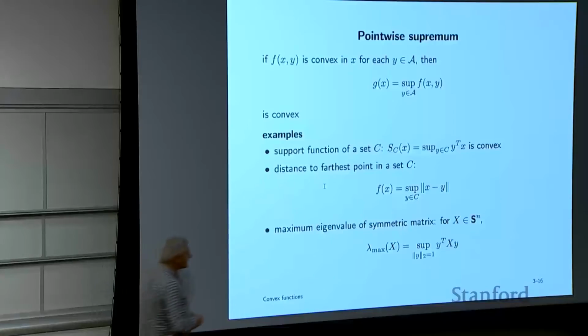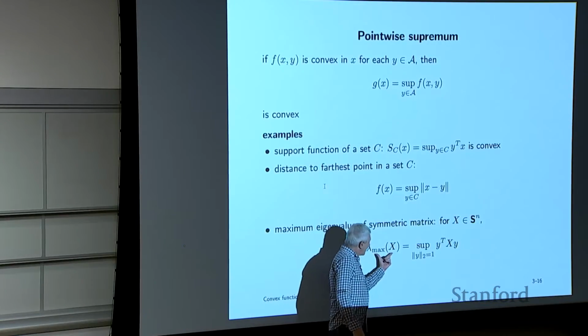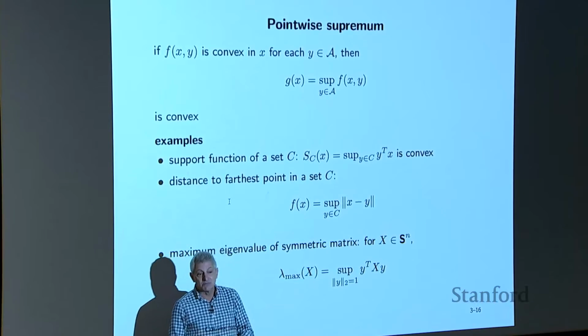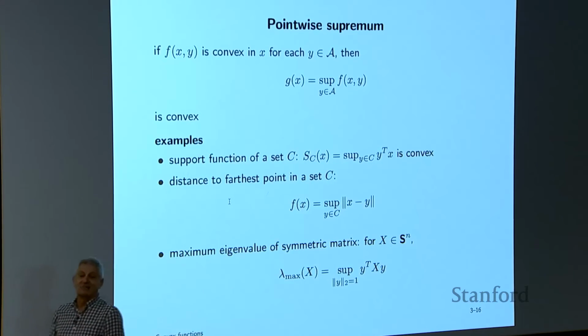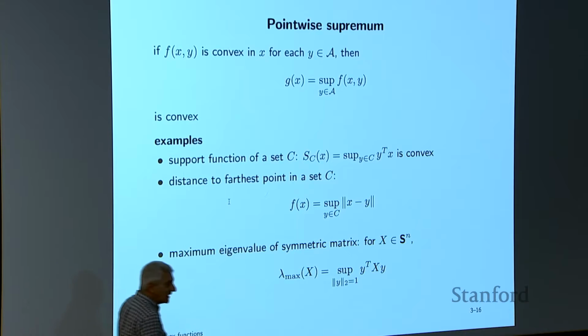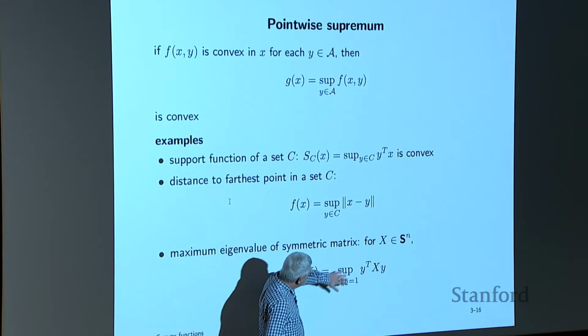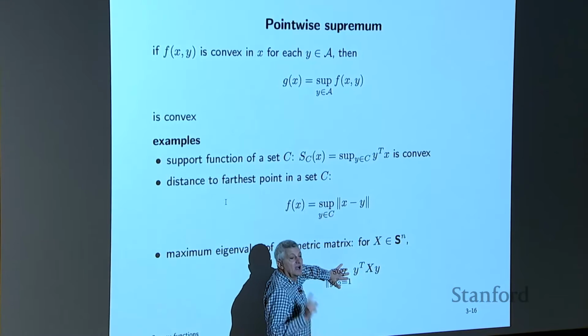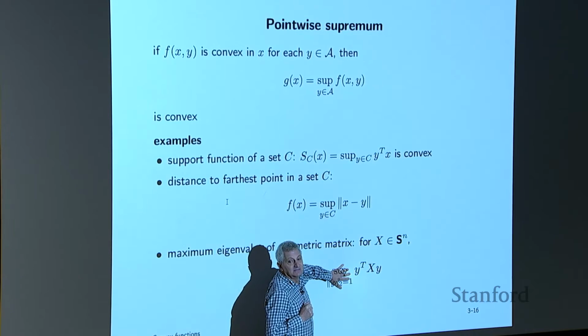Okay, all I'm saying is the function, which is the largest eigenvalue of, let's say, a 10 by 10 symmetric matrix, it's a really complicated function, right? And I can't write it, there's no formula for it and so on. But it's convex. And the way to show it is really simple. What kind of function is y transpose Xy of X? It's linear, right?